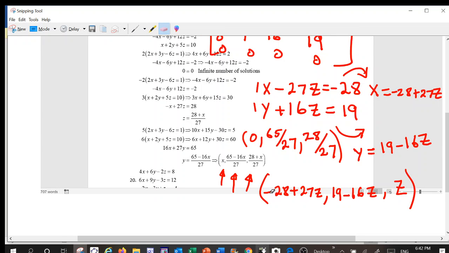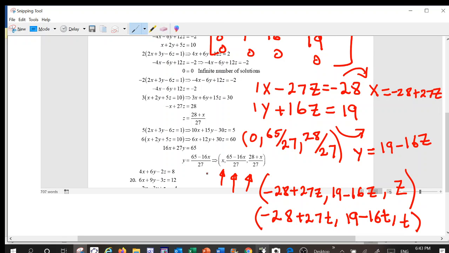Now because of this, sometimes you see that instead of using z, x, or y, we use another parameter. We use another letter, like -28 plus 27t and 19 minus 16t, and then we let that be t instead of z.